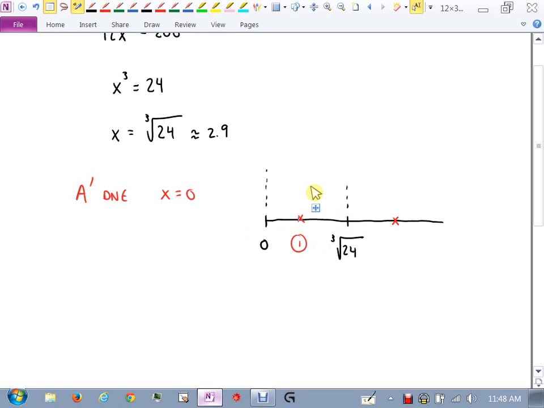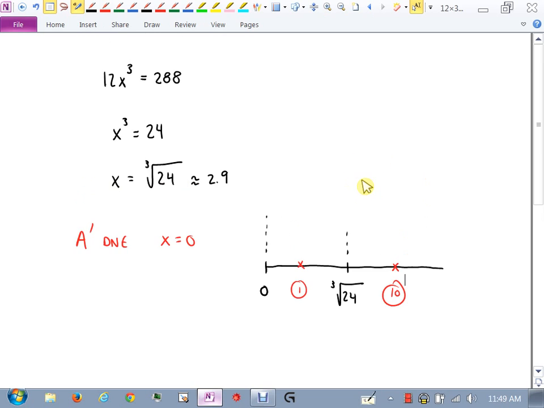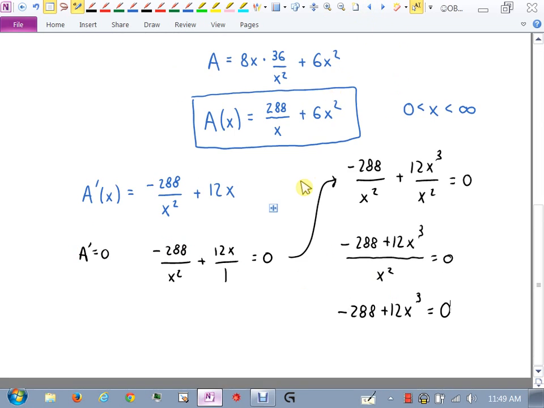And then something to the right of 2.9, like 3. You might want to go bigger than 3 if you feel unsure. You could go 10, 4, 5, whatever. You're plugging those into the derivative, right? 1 and 10 into the derivative. So go back to the derivative, which was right here.